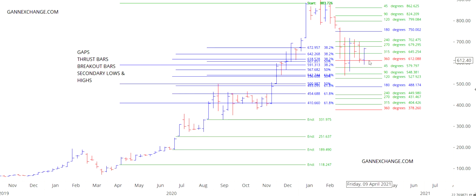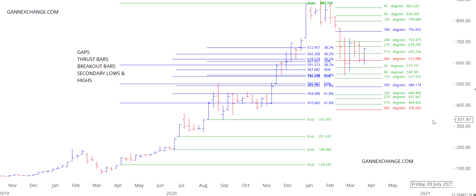So we see that a 360 degree comes in at the same zone as the Fibonacci grid, and a bounce develops. Similarly, at the 90 degree, we get confluence with a Fibonacci grid and a strong bounce develops.